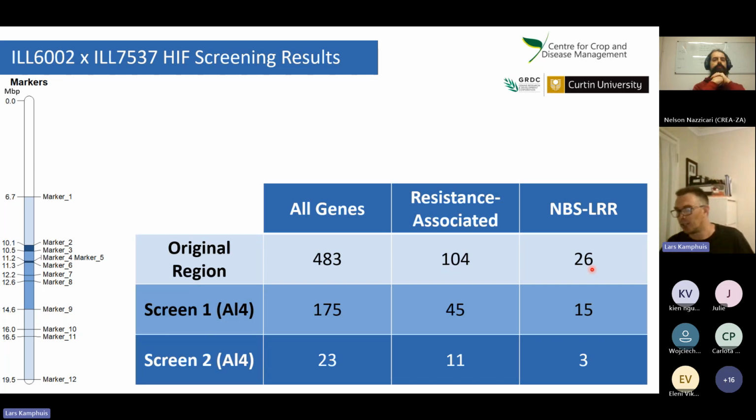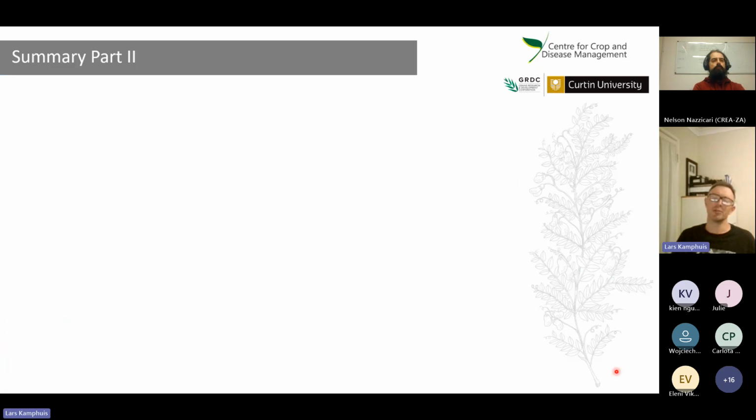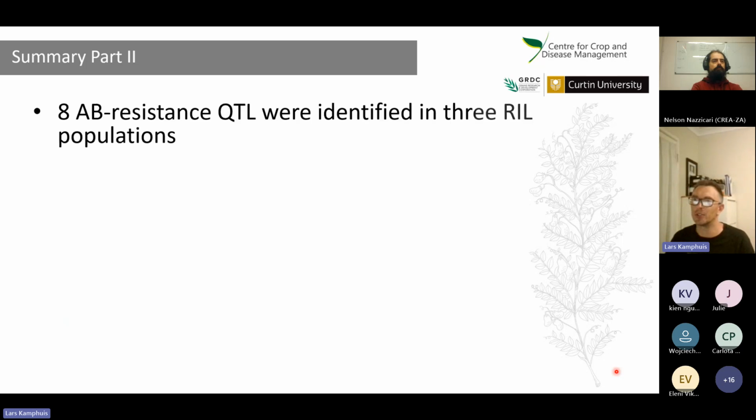And with the second screen, to an even smaller region that only contains 23 genes, including 3 of those that are classical NBS-LRR genes. And so we're hoping to try and identify the causal gene now. And the way we're doing this is through adaptive nanopore sequencing of this region of interest in both of the parents, and that work is ongoing as we speak.